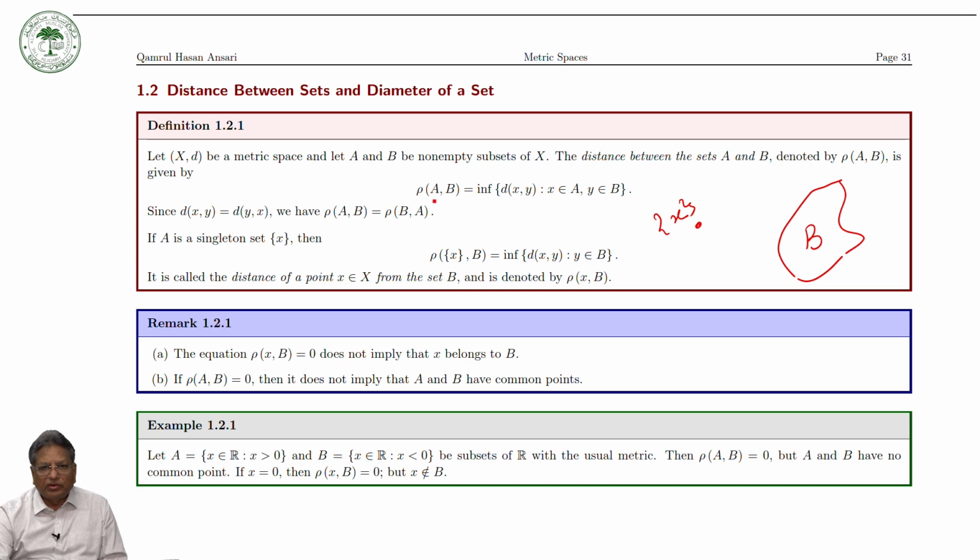So then you can say that rho(x,B) is equal to the infimum of d(x,y), taking y in B. This way you can define the distance from the point x to the set B, and we denote it, instead of writing the singleton set, as rho(x,B), the distance from the point x to the set B.